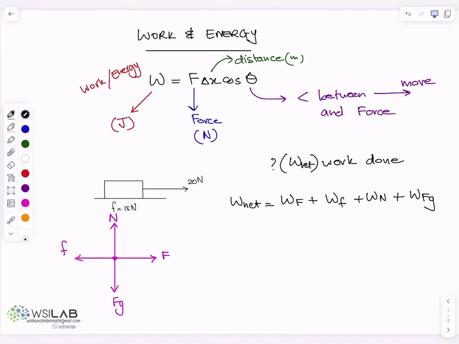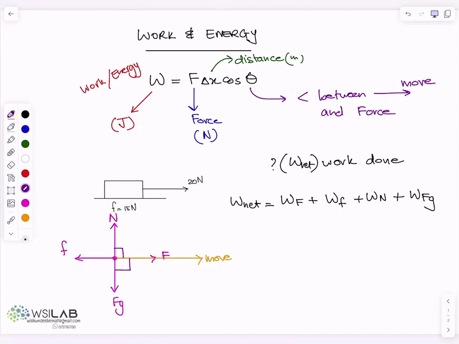But because the direction of movement is this way, the normal force and the gravitational force make a 90-degree angle with the movement. Can you see that? The angle between the direction of movement and those two forces is 90 degrees. Happy? Yes, sir.